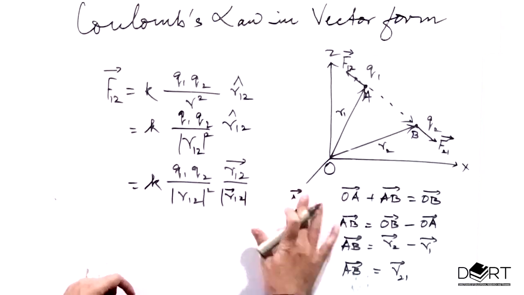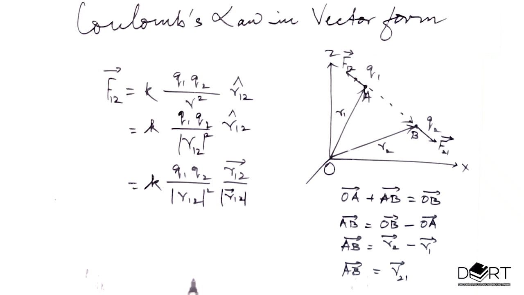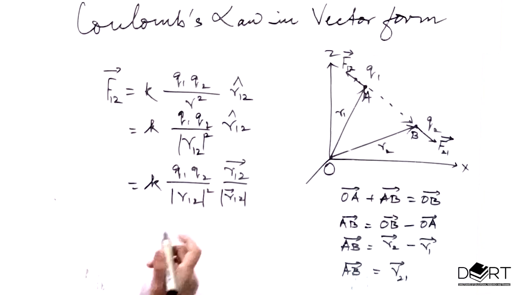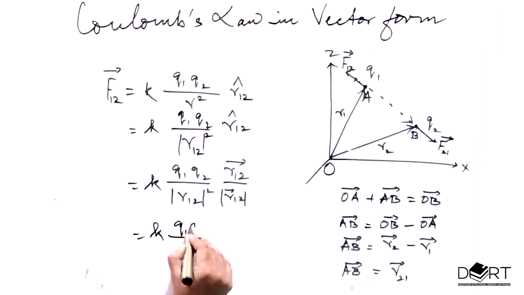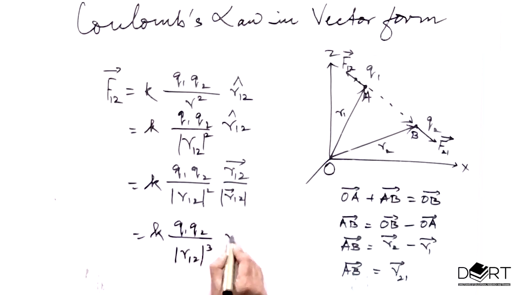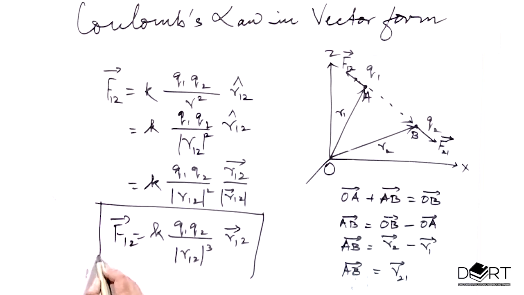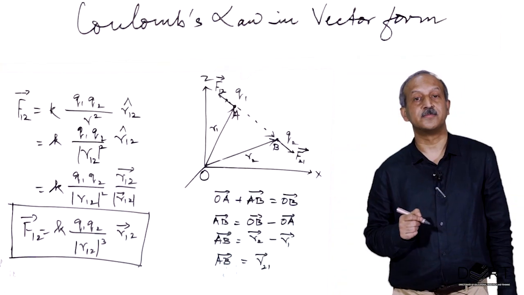So, that completes the whole structure, but in the denominator you have r12 cubed. So, we write this as k q1 q2 by modulus of r12 whole cubed times r12 vector, and this is our F12 vector. That gives one complete expression of Coulomb's law in vector form.